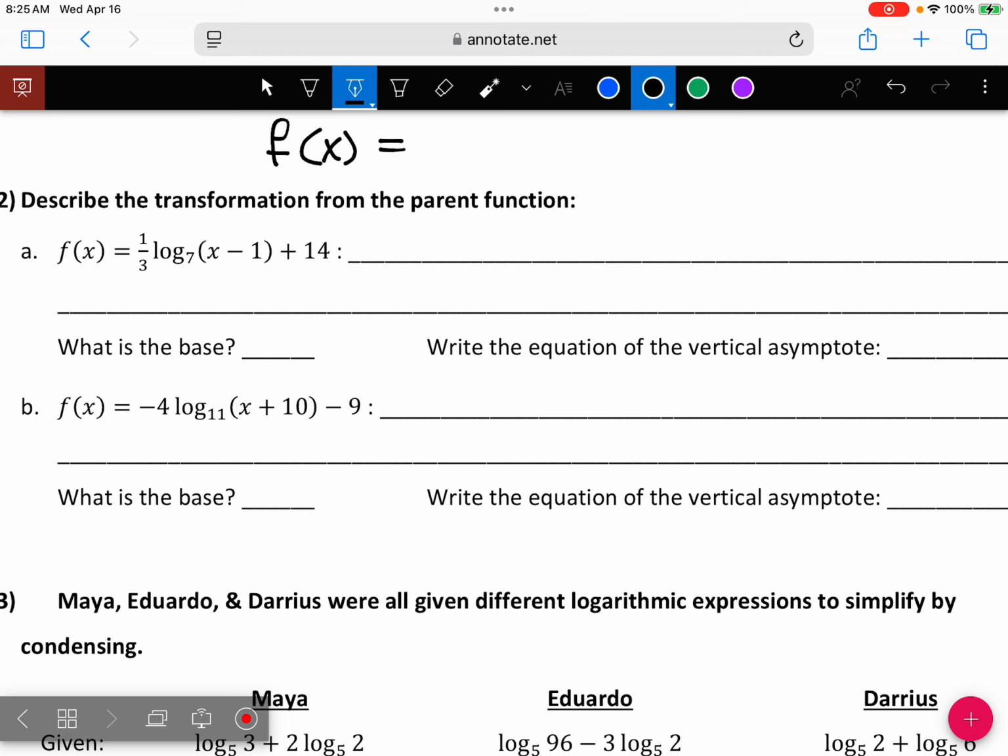That's our f of x equals a log base b of (x minus h) plus k. That's where we get our a, h, and k from to do our graphs, x plus h, y, a plus k, all that jazz.